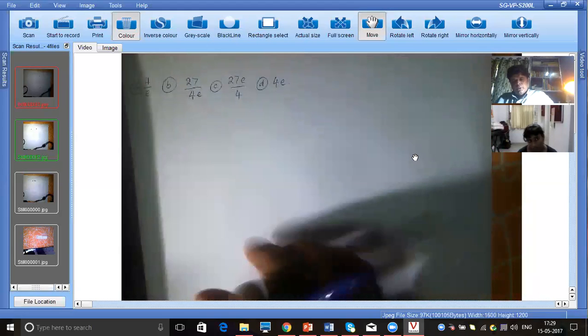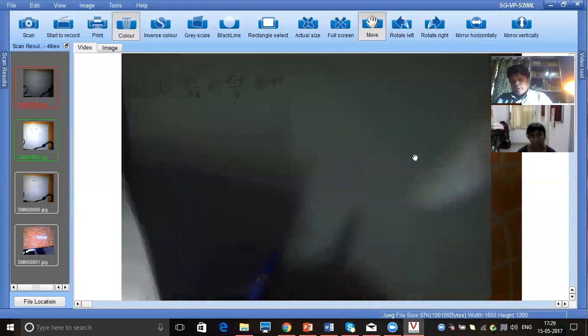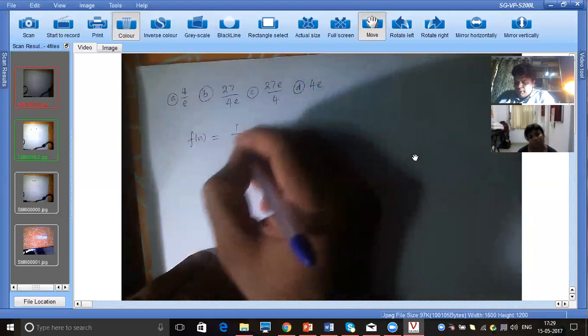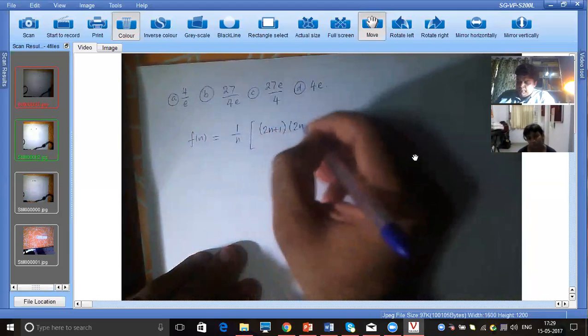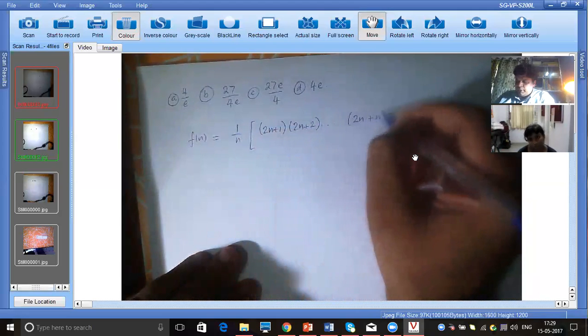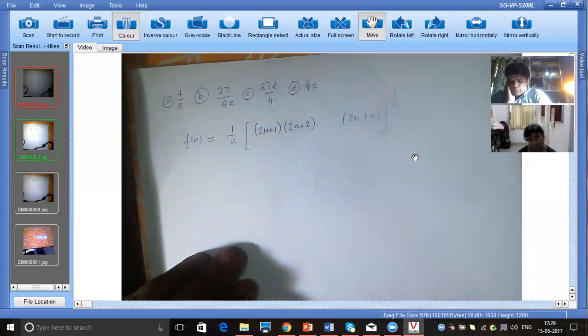Let's now begin to look at how things are going here. So I have f of n equals 1 by n, 2n plus 1, 2n plus 2, whole to the 2n plus n, to the 1 by n. Okay?